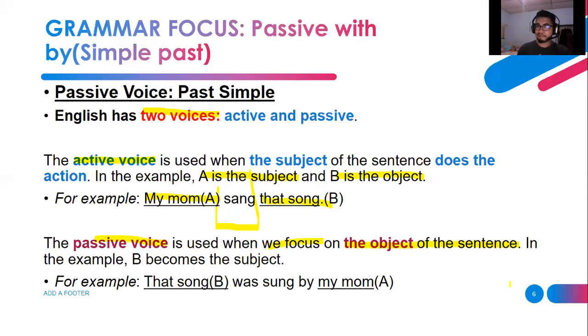We don't care about the person who did the action. We just care about the object of that action, or in other words, the person, animal, or thing that receives the action. What do I mean by that?